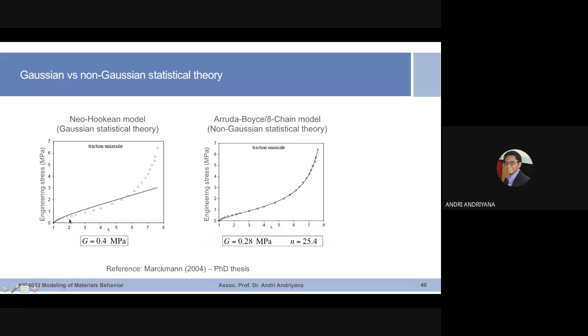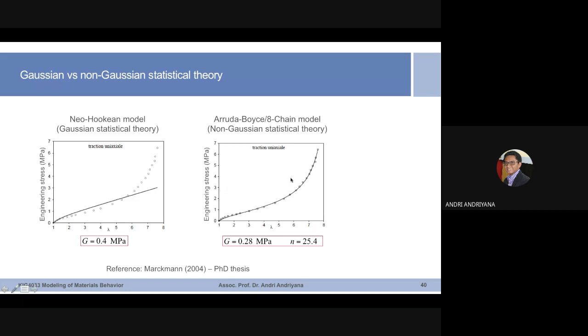So only when we strain it to double its original length is the neo-Hookean model capable of predicting it. But beyond that, you have quite a discrepancy, and at much higher stretch you have really large discrepancies between the predictions from the neo-Hookean model and the real experiment.